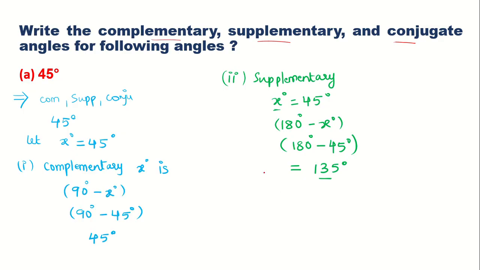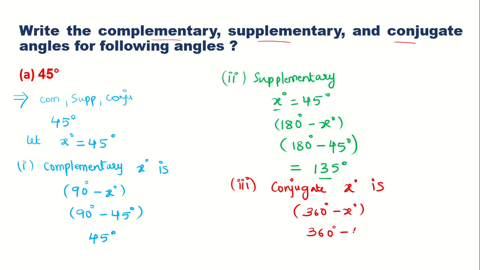Next, you'll find the conjugate angle. Similarly, the conjugate angle of x degrees is 360 degrees minus x degrees. How much is x degrees? 45 degrees. Okay, 360 minus 45 is 315.